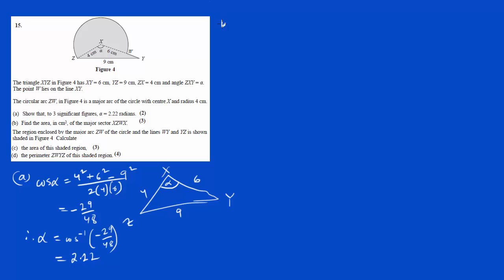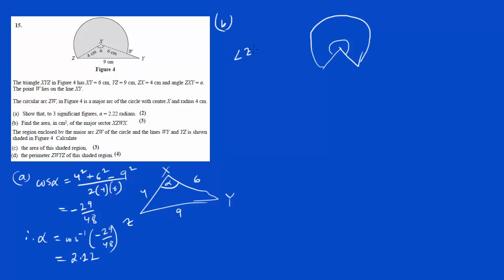Question B: we have to find the area of the major sector. The area of the major sector is this one, the other one. We found this angle alpha, 2.22. So this is going to be 360 minus this angle, but since this is radians, the angle has to be 2 pi minus 2.22. So let's find the angle.